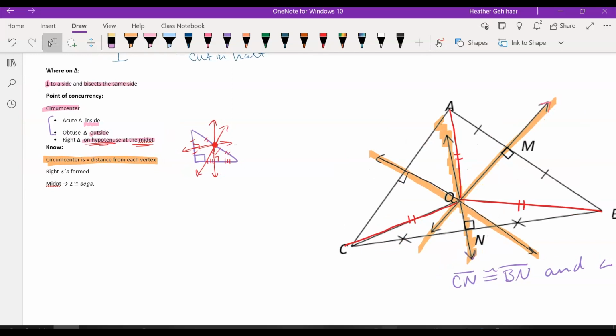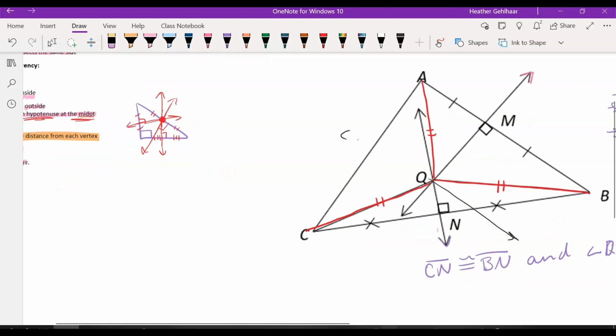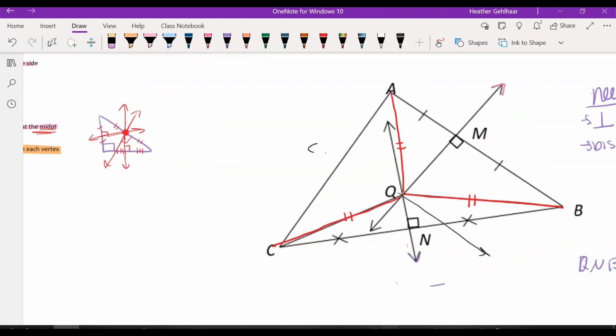Next, the right angles are formed and the midpoint. So the midpoint gives you two congruent segments. So let's do examples here. I'm going to erase these lines here. I'm going to leave my red lines, though, just for example. So going forward, if we knew AM was 10, we knew MB would be 10.